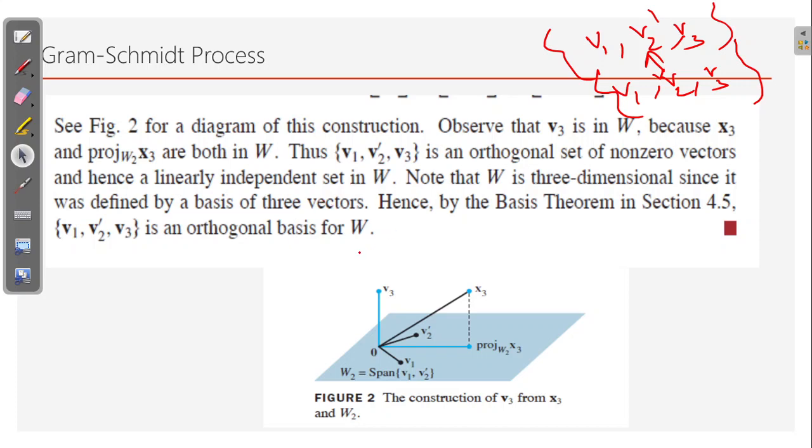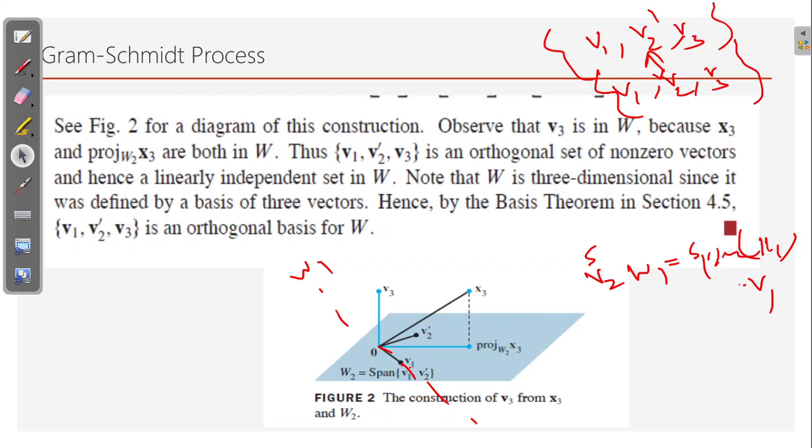Okay, now this is the summary of what we have done. First of all we have the subspace W1, which is equal to the span of x1 or span of V1. That means this is a straight line. Then we have calculated this V2, which is orthogonal.